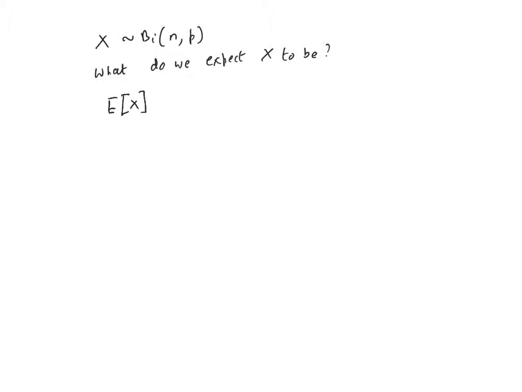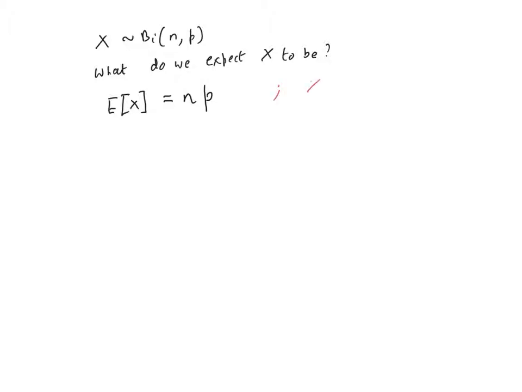And it can be shown by some mathematics, if you're adventurous you could try that, that it's equal to n times p. So what we expect the random variable X to be would be n times p.